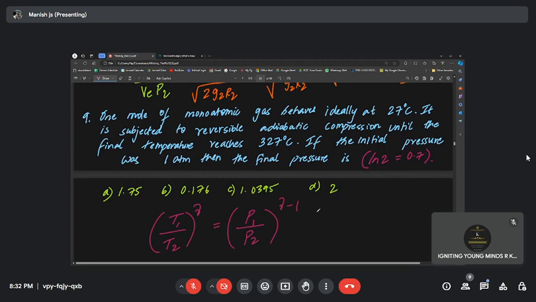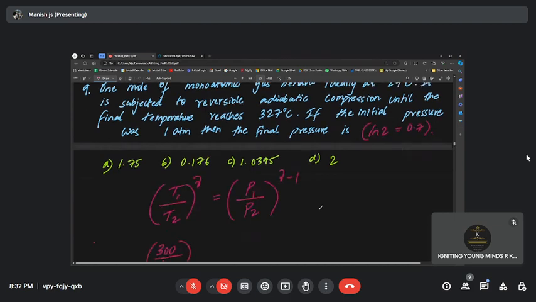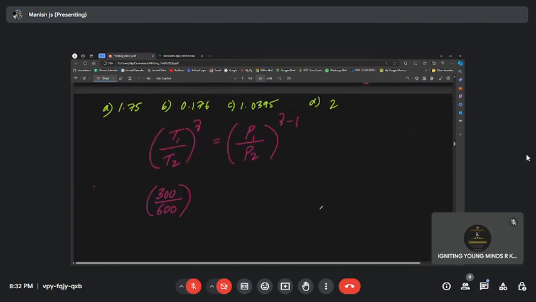It is 5 by 3. Similarly here, initial pressure, let me take it as Pi, and final pressure as Pf. If 1 is initial and 2 is final, so here it is 2 by 3.